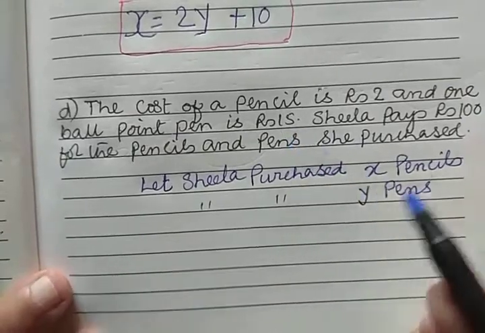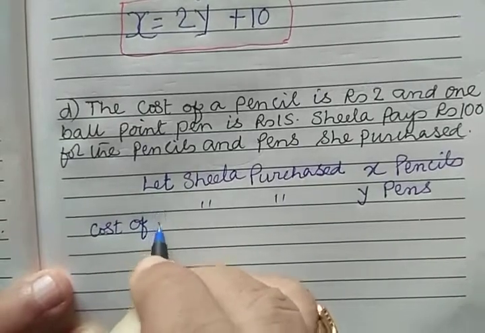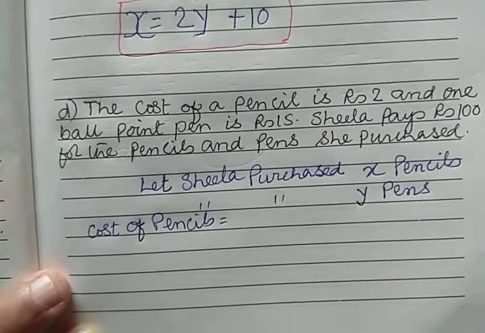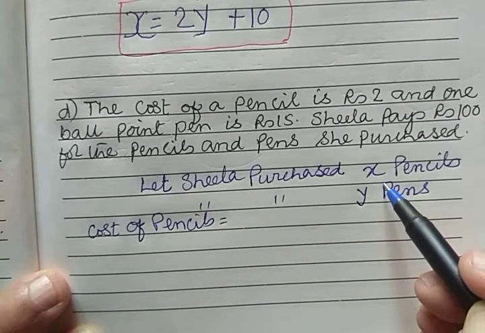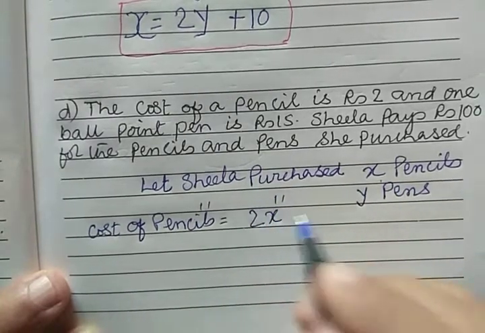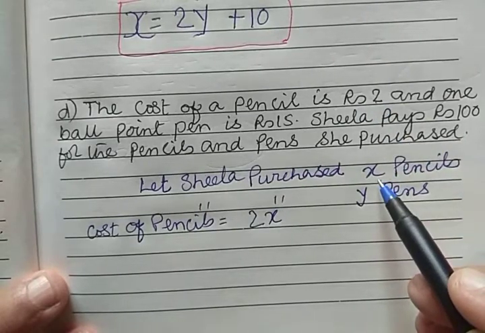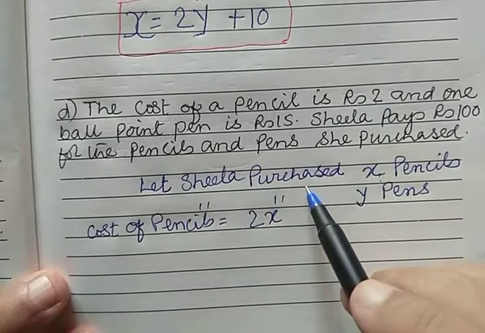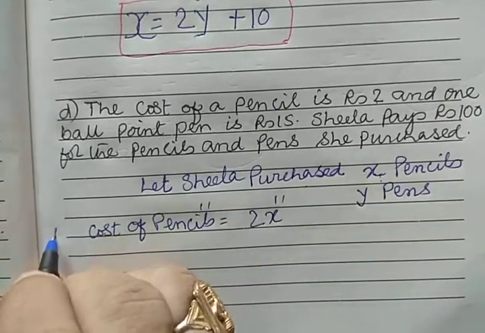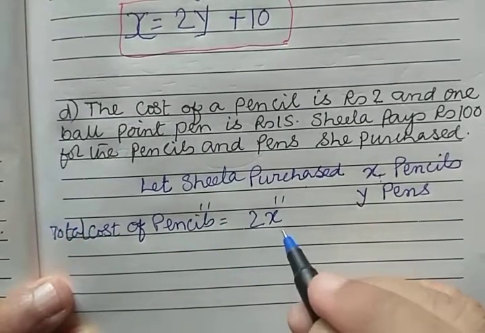The cost of pencils is equal to price into number of pencils. That means 2x. What is the price? 2 rupees. How many did she purchase? x. So the total cost is 2x.